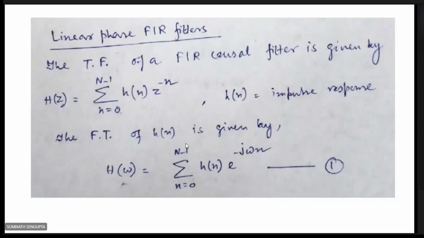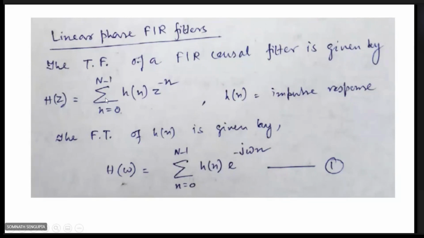But before that, let me show the basic mathematics of linear phase. For that, you have to understand the impulse response that we have already seen. That is h(n). H(z) is the transform of the impulse response h(n). Finite impulse response means the impulse response is limited to a certain number of samples.